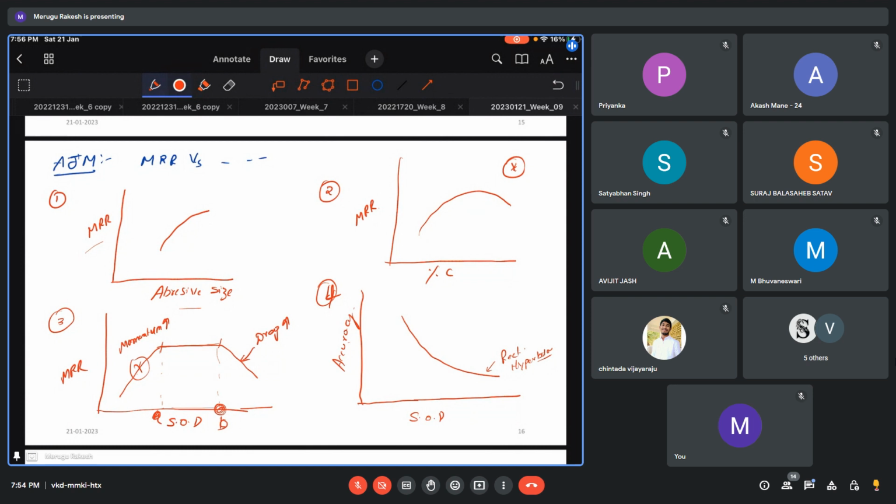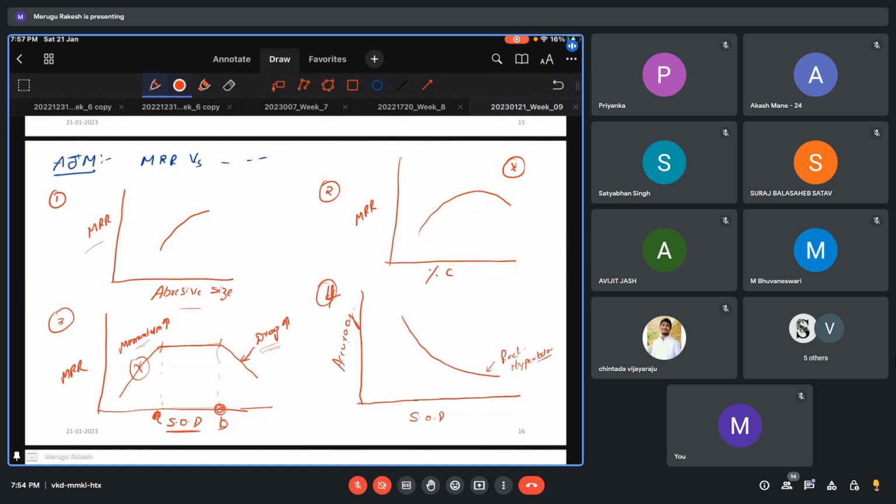So that is what happens in case of standoff distance. This drag will overpower the momentum if you increase the standoff distance. Understood? Yes.